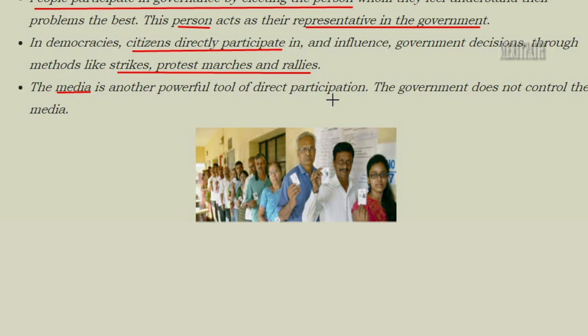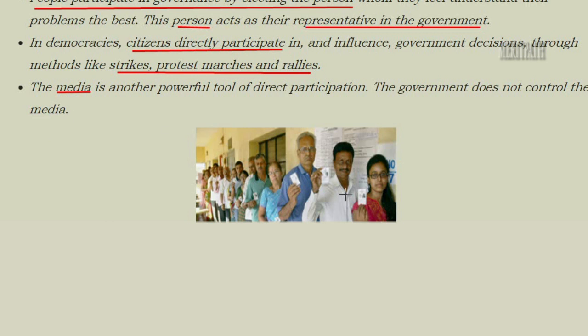The government cannot control the media. The people of the town, city or village can place their demands before the government through the newspapers, the internet and the TV channels.